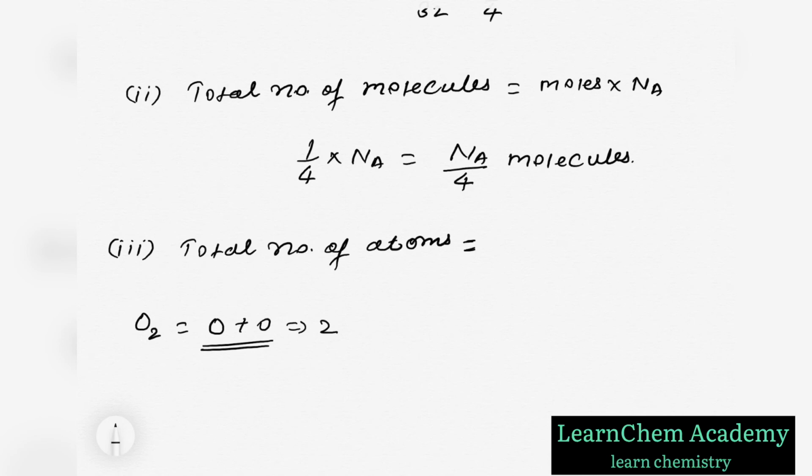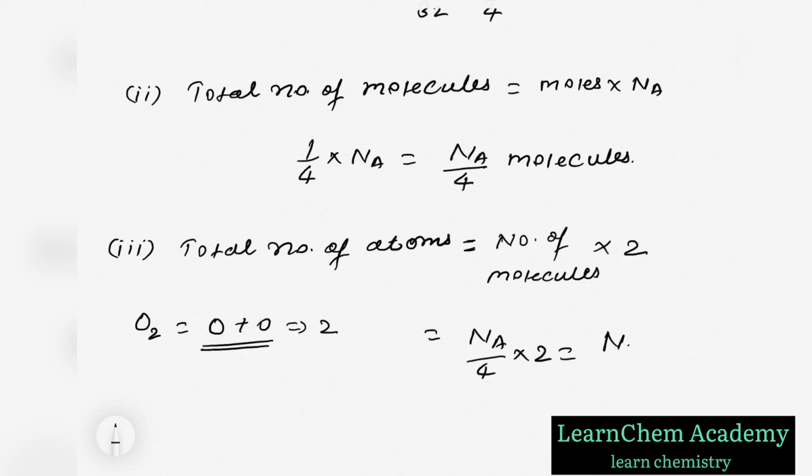So we can calculate total number of atoms: number of molecules into 2. So we have Na/4 molecules and which is multiplied by 2. So we will get Na/2 atoms.